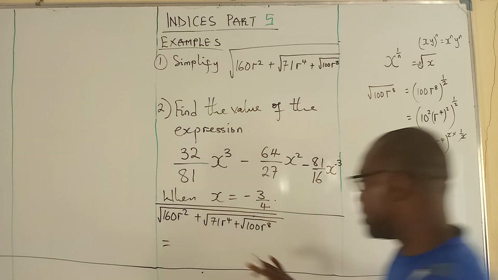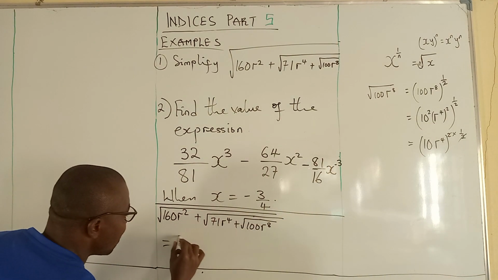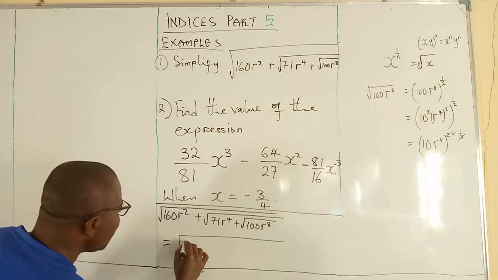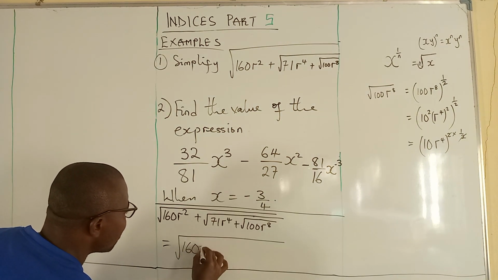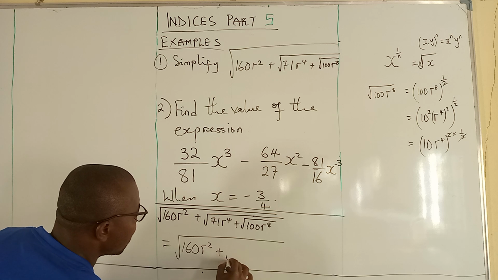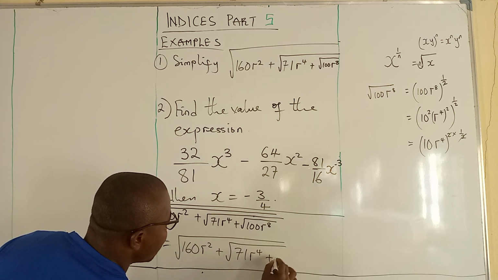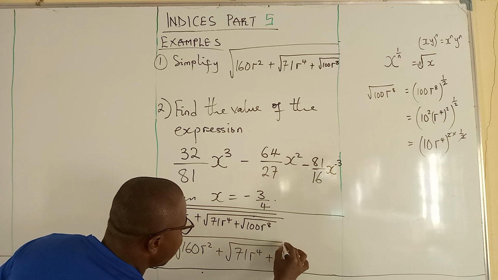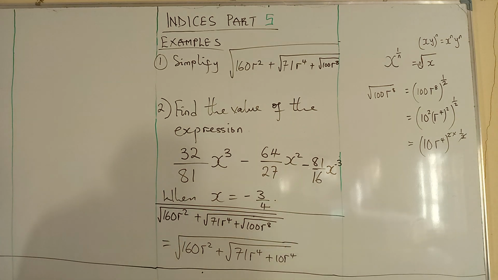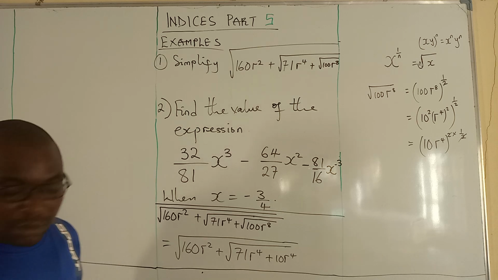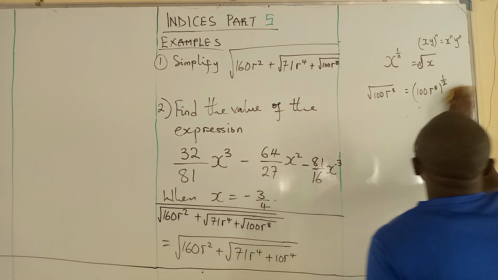So which means that this expression is the same thing as the square root of 160r to power 2 plus the square root of 71r to power 4 plus 10r raised to power 4. That's the meaning. All right, so we can continue from there.